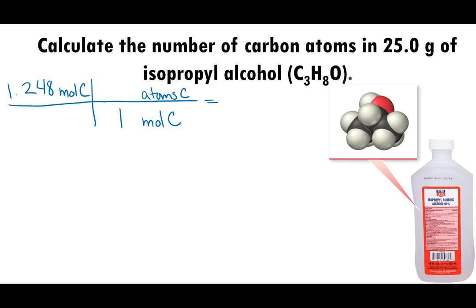The number 1 goes with mole, and Avogadro's number goes up here. All right, so multiply across the top, divide by the bottom. So 1.248 times 6.022 times 10 to the 23rd, and we get 7.52 times 10 to the 23rd atoms of carbon.